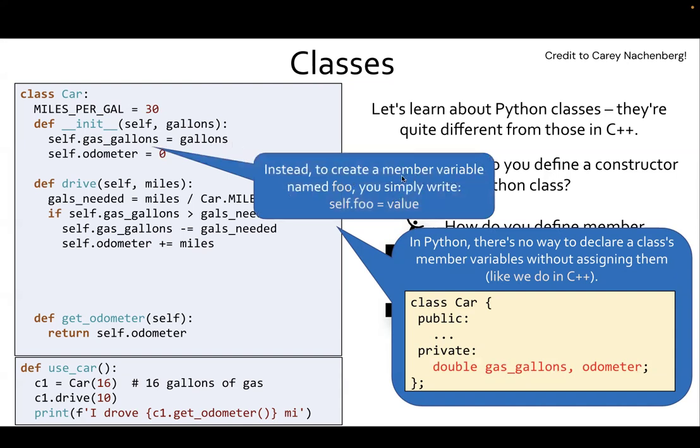So to create a member variable named foo, you can simply write self.foo equals to some value. So this is the example over here. We are creating the gasGallons variable by self.gasGallons equals to something.